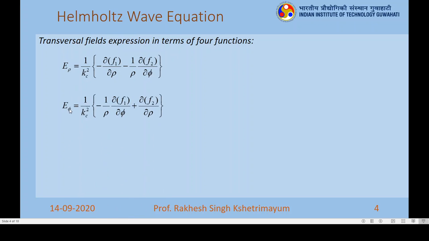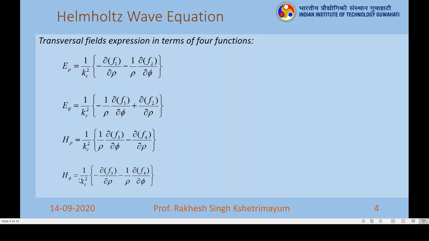We can find E phi from F1 and F2 by taking the partial derivative with respect to phi of F1 and the partial derivative with respect to rho of F2. Similarly, we can find H rho from F3 and F4 by taking partial derivatives with respect to phi and rho. We can find H phi from F3 and F4 by taking partial derivatives with respect to rho and phi.